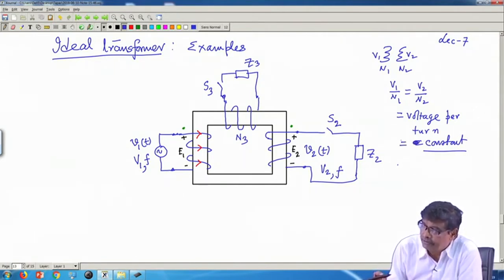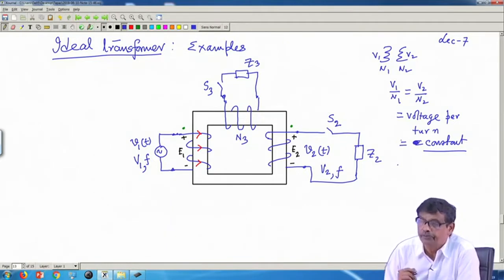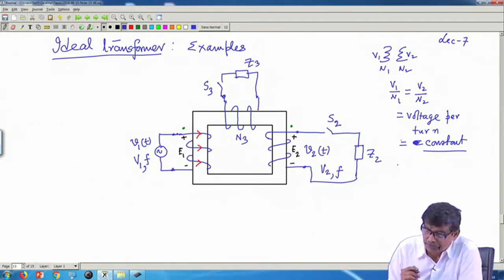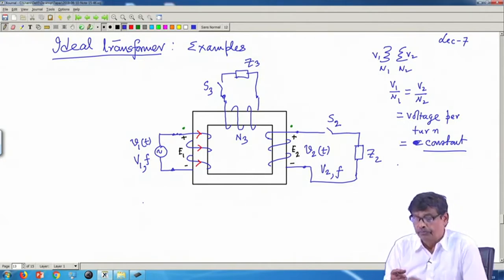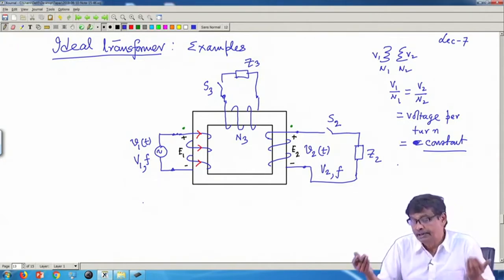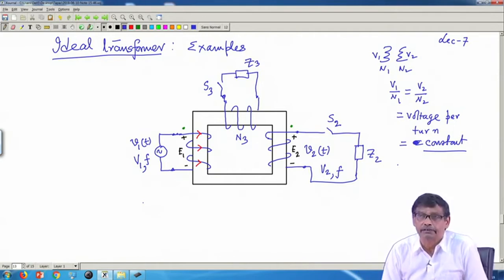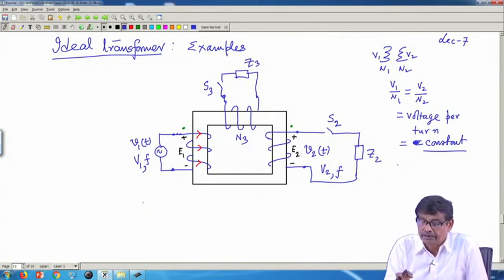V1 by N1 is V2 by N2, it has to be. Therefore, to calculate the voltage induced here, you simply calculate the voltage per turn, then multiply with the respective turns to get the voltages here and there. So, you can have more than one secondary coil, for example, here.